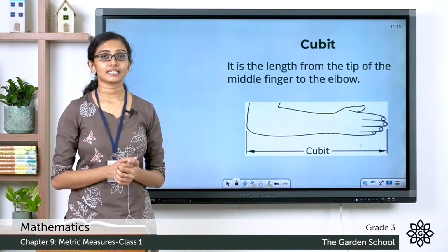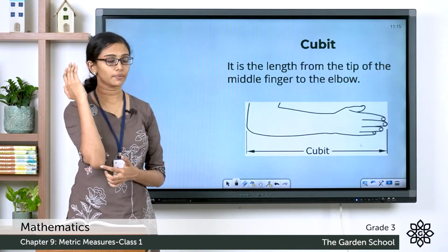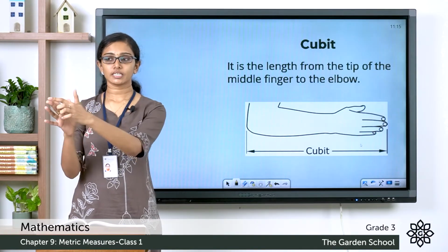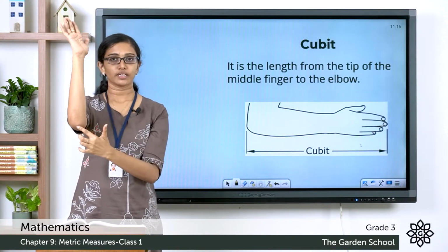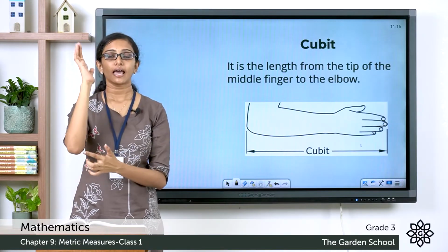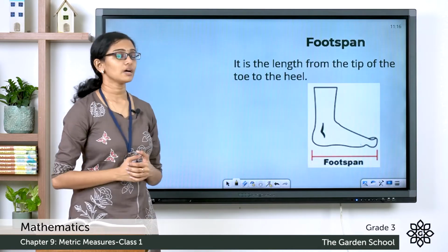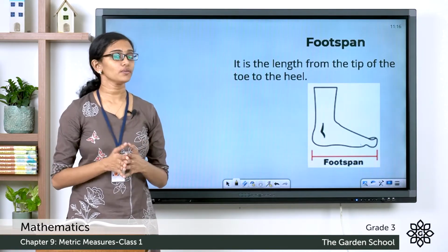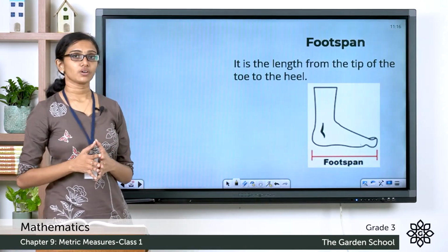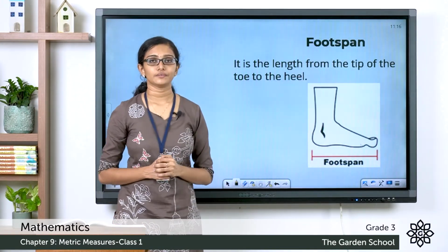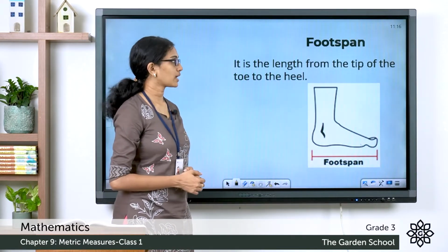Cubit is the distance between your elbow and the tip of the middle finger. So it is this distance from here to here, the tip of your middle finger and your elbow. Now, what about a foot span? A foot span is the length or the distance from the tip of the toe to the back of the heel. So that's called a foot span.